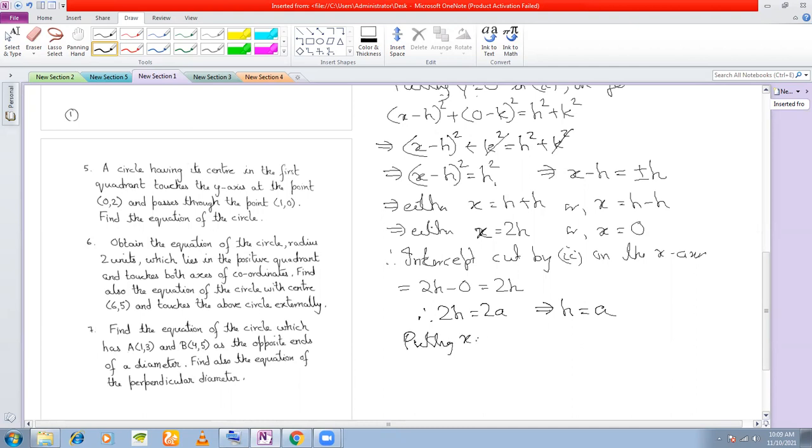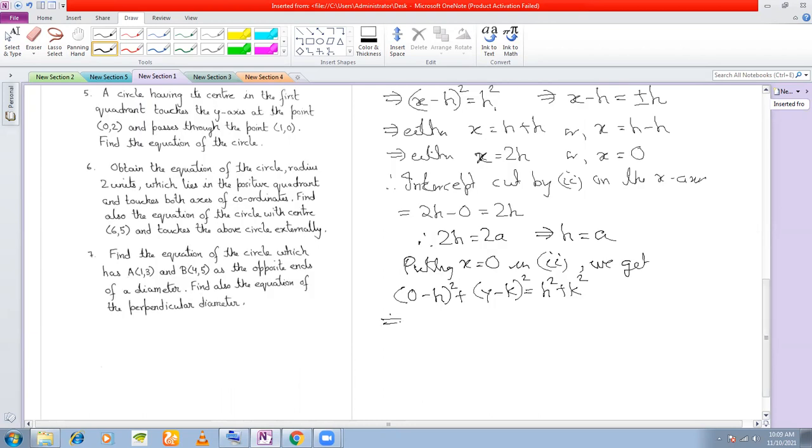So putting x is equal to 0 in the equation of the circle that we have got, we get 0 minus h whole square plus y minus k whole square is equal to h square plus k square. That means you get y minus k whole square plus h square is equal to h square plus k square.